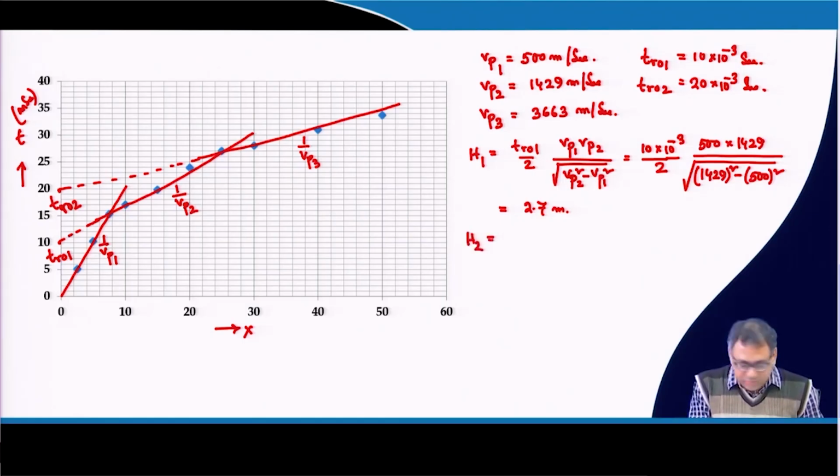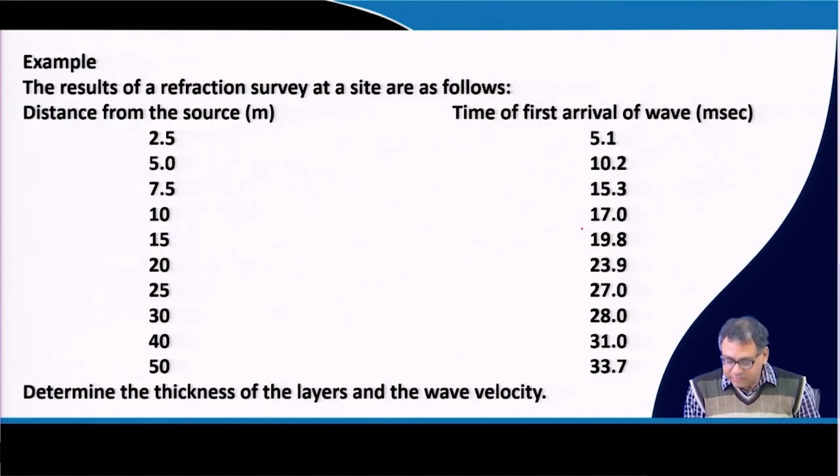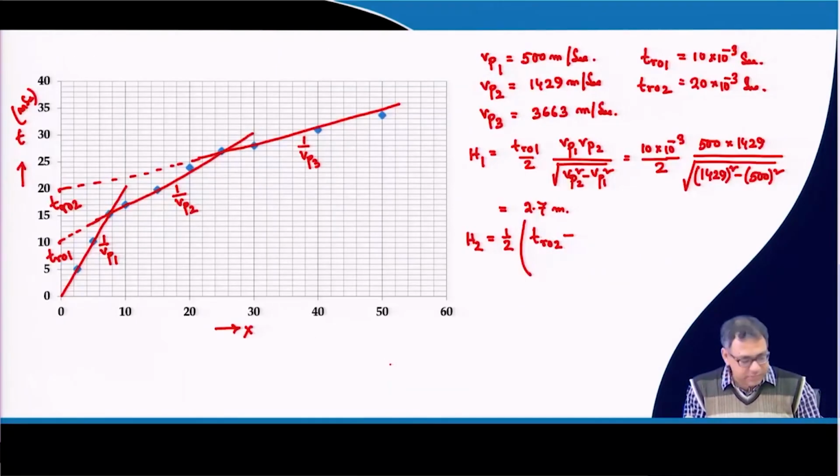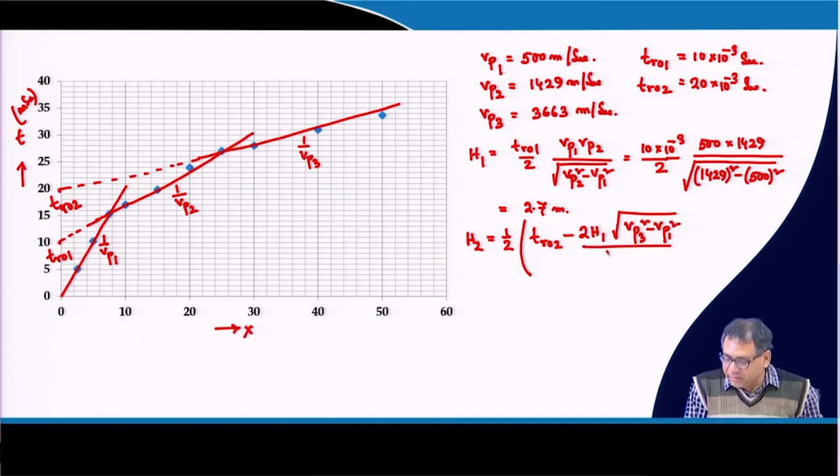Similarly, for the H2, the expression is given: that is half into TR02 minus 2H1, root over Vp3 square minus Vp1 square divided by Vp1 Vp3, then Vp2 Vp3 divided by root over Vp3 square minus Vp2 square.